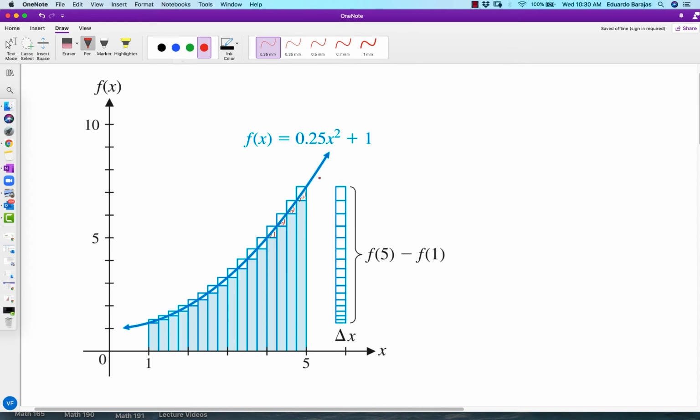And then when we do the error under a different estimate, we might be overestimating it, and then the error might be the sum of all of these green ones that are above the function f of x. So we might be overestimating it.